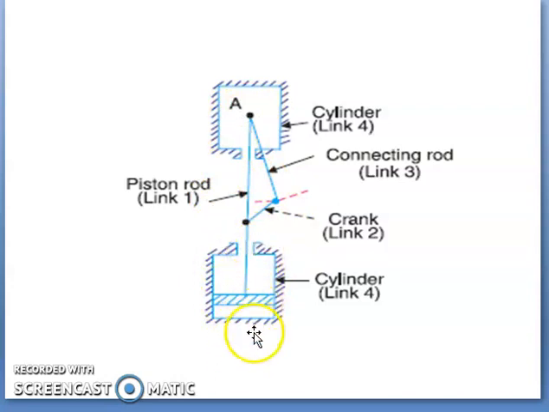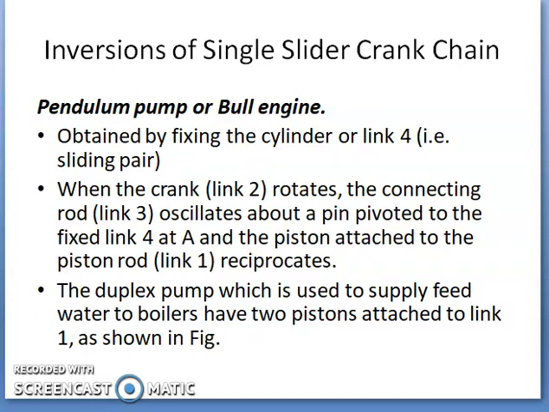The piston will move up and down, and when it is moving down, suction is created and water will be filled inside the cylinder cavity. When it is moving up, the water will be delivered. So this is the working of a pendulum pump or a bull engine.